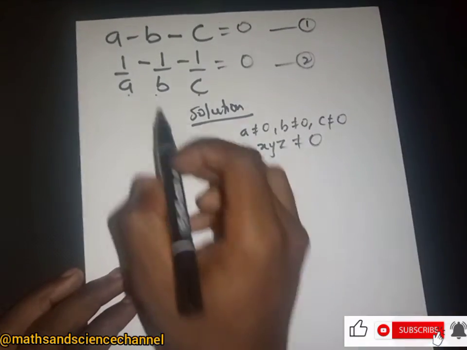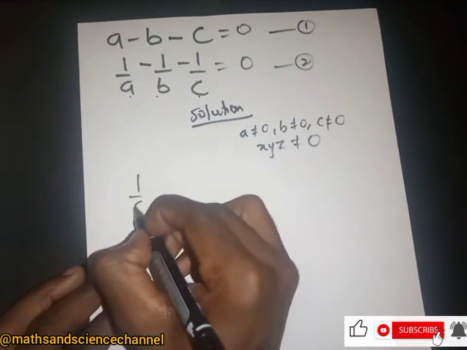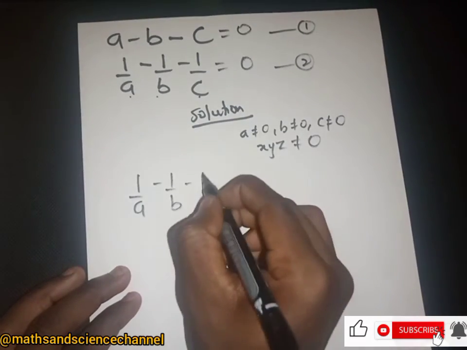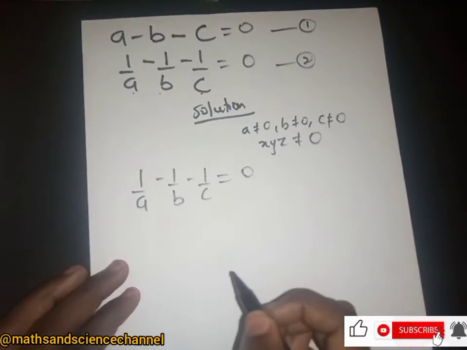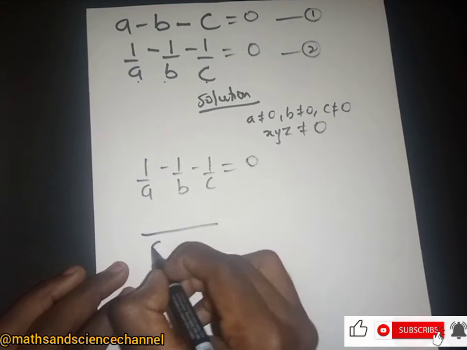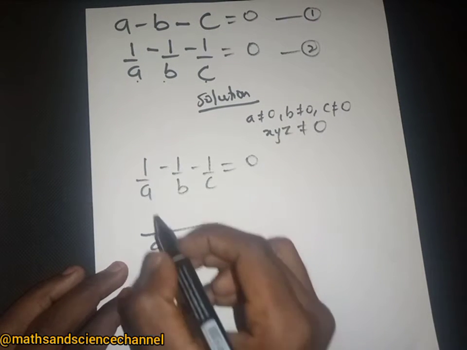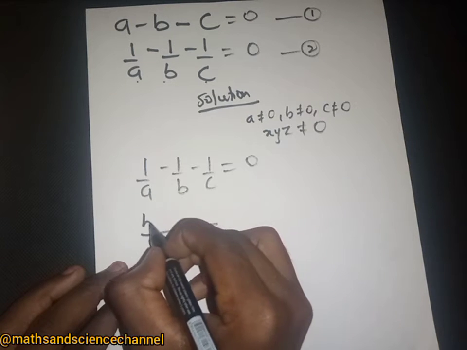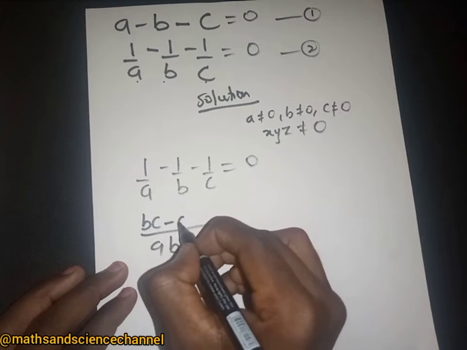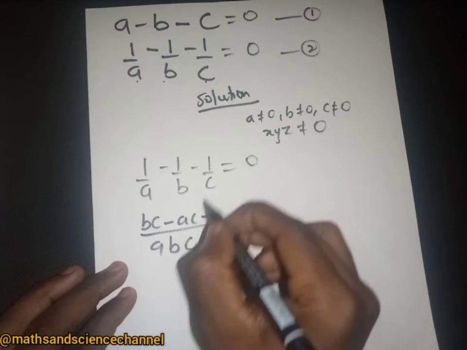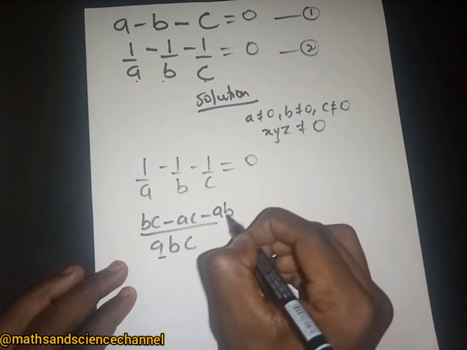So let's call this equation 1 and let's call this equation 2. Now from the second part, we have 1 over b minus 1 over c being equal to 0. Now when we expand this, we have the LCM being abc. So we have here bc, then minus ac, and then ab left, so ab being equal to 0.